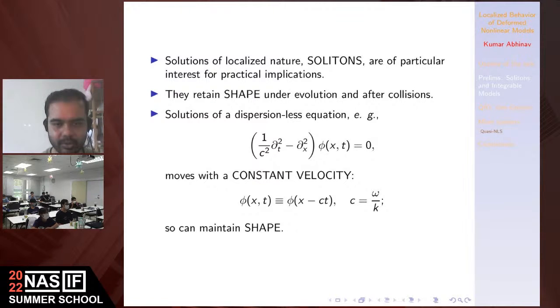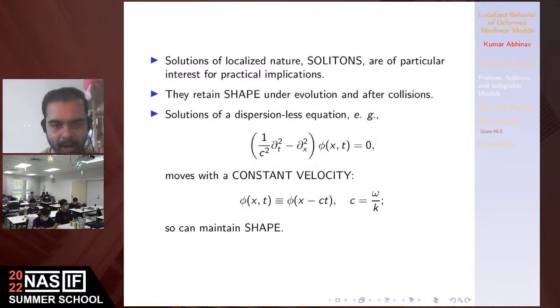So a standard solution is the harmonic solution, which has a constant velocity, because it will admit solutions with definite frequency and definite momentum, and the ratio between frequency and momentum is the velocity, which is constant.